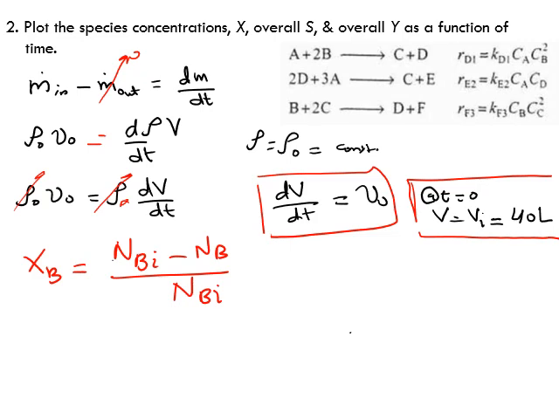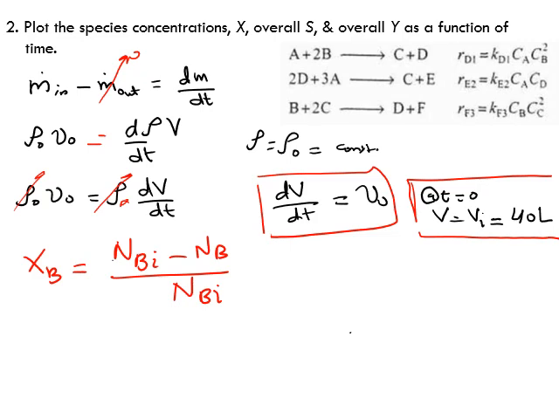Make sure that you don't write NB naught, because naught here refers to the feed, right? Okay, and we calculated what NBI was, tamam, and for NB we have an equation, remember, dNB by dt, and so on.